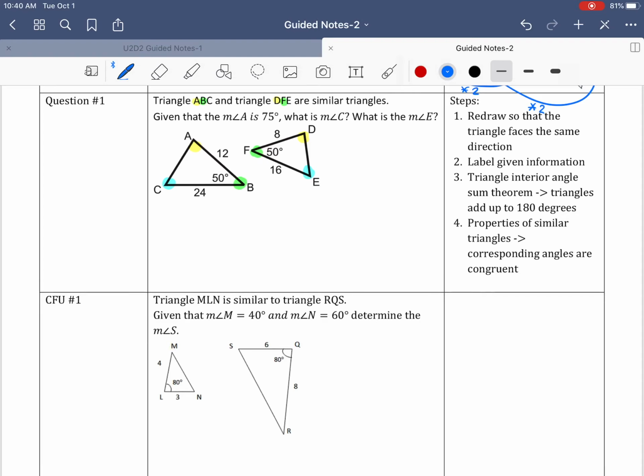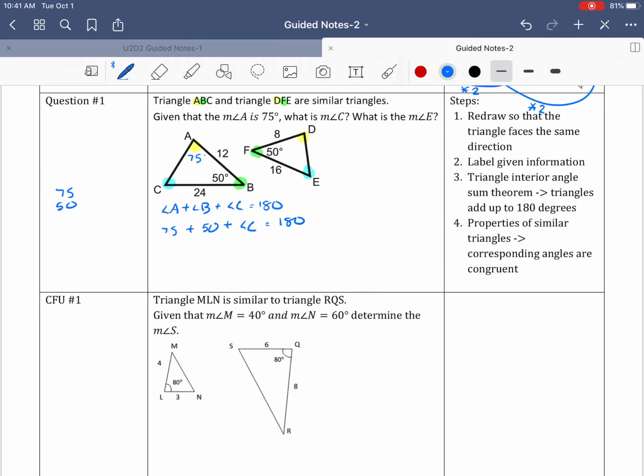So it says that the measure of angle A is 75, so we can label that here, 75 degrees. And we know from our previous lesson that the sum of the interior angles of a triangle equals 180 degrees. That means angle A plus angle B plus angle C will equal 180 degrees. So 75 plus 50 plus angle C equals 180.